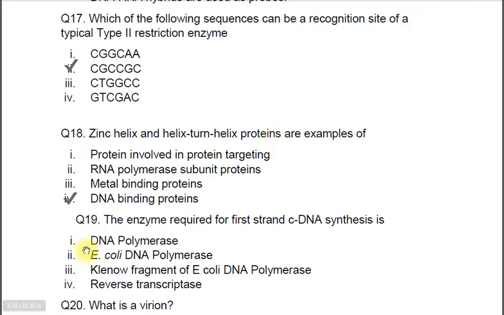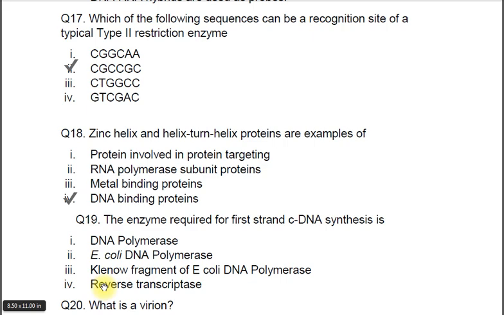The next question number 19. The enzyme required for first strand cDNA synthesis is: option 1 DNA polymerase, option 2 E. coli DNA polymerase, option 3 Klenow fragment of E. coli DNA polymerase, option 4 reverse transcriptase.